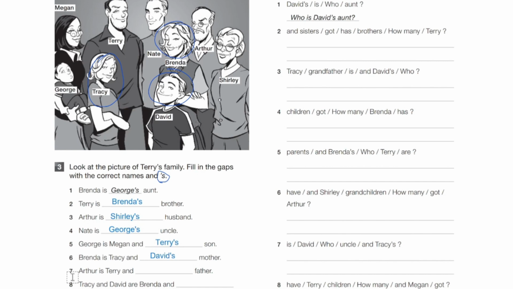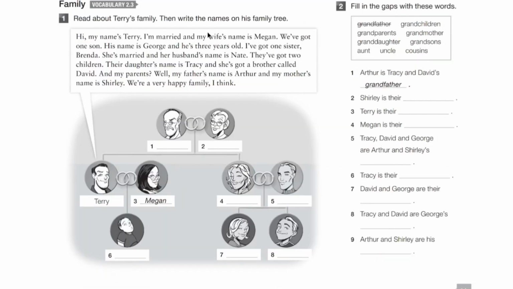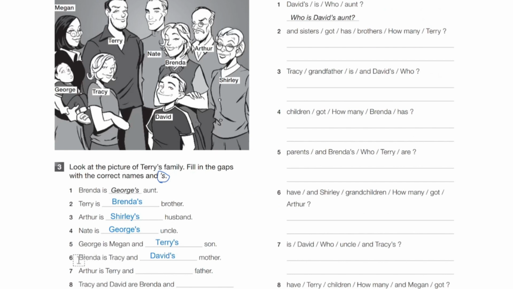Number 7, Arthur. So Arthur is Terry and father. So Arthur is father. From the information here, we know that they have got one son, Terry, and one daughter, Brenda. So Arthur is Terry and Brenda's father.